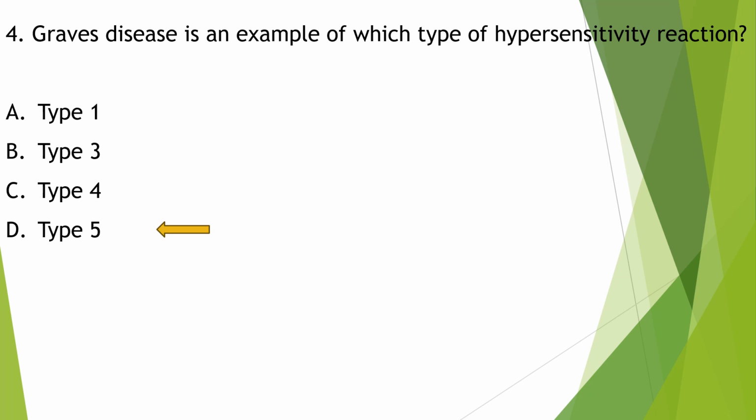Then another one is Goodpasture syndrome. That is because of type 2 hypersensitivity reaction. And here I would like to add one more point. Type 1 hypersensitivity reaction is not manifested as autoimmune. Really, allergic reactions you can see in this type 1 response. So here Graves' disease is related to type 5 hypersensitivity reaction.